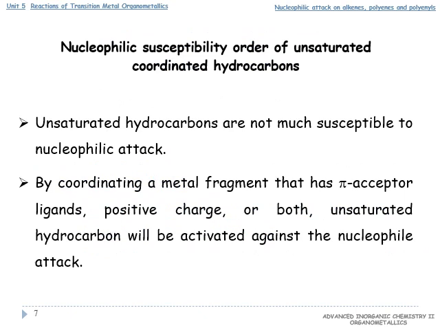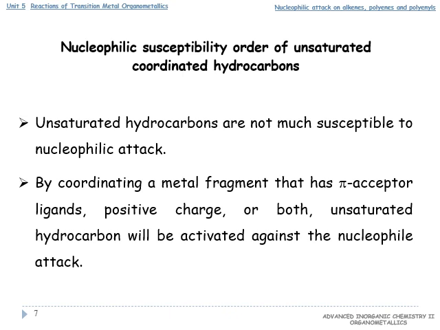Simple alkenes in the free state, such as benzene and ethylene, normally undergo electrophilic attack. They are not much susceptible to nucleophilic attack. Both benzene and ethylene become sensitive to nucleophilic and inert to electrophilic attack when they are complexed to a metal center.